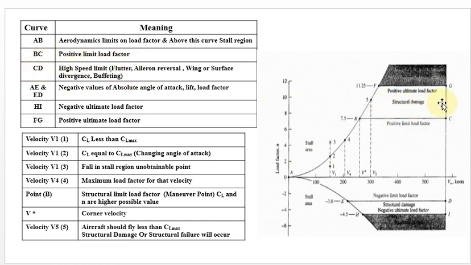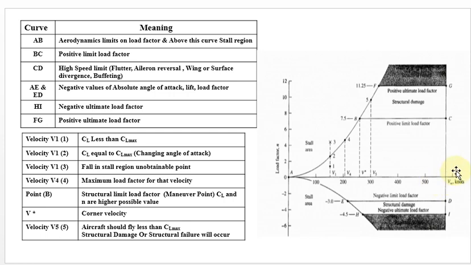Then this line CD is the high speed limit line. The aircraft cannot increase its velocity beyond some particular point, because the x-axis represents the speed of the aircraft, and it depends upon the performance of the engine and the atmospheric condition.